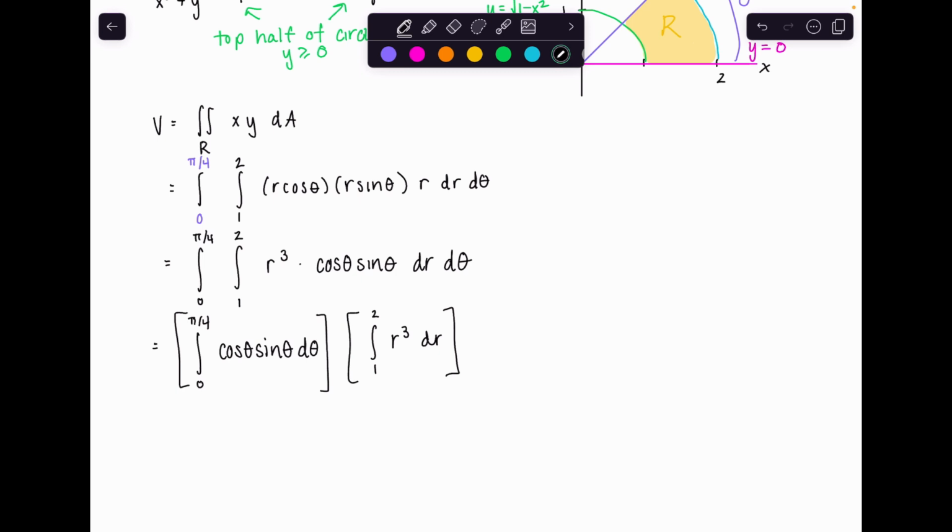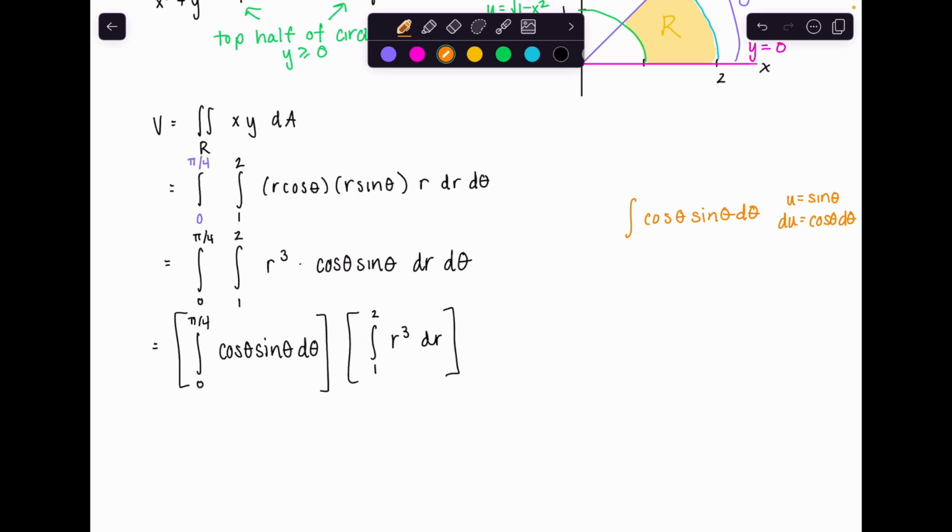Second one, hopefully straightforward. It's just reversing the power rule. The first one, however, if you can't see what this is, let's not worry about the bounds. This is just a u-sub problem. You can let your u be either one of these. I'll let it be sine though, because then du is positive cosine.